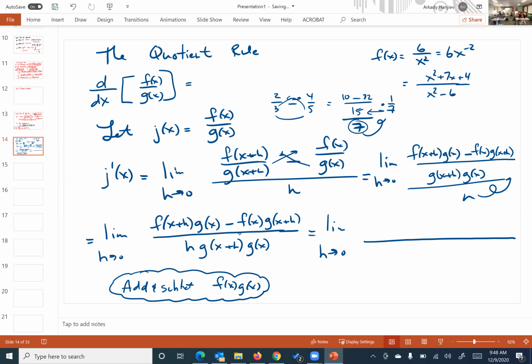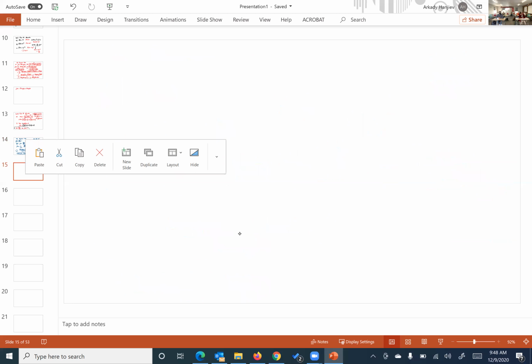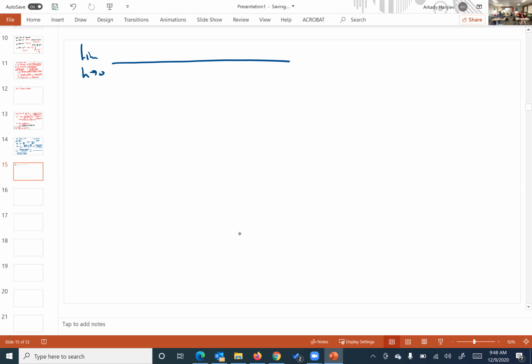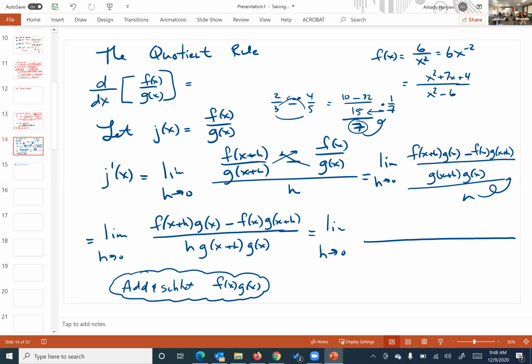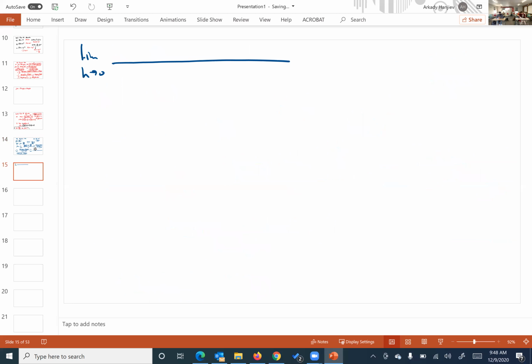Okay. So let me do this so I can make more space. I'm going to take this to the other page here, just so we can see more of the transition. So, the limit as h goes to 0 of what we had initially, f of x plus h times g of x.